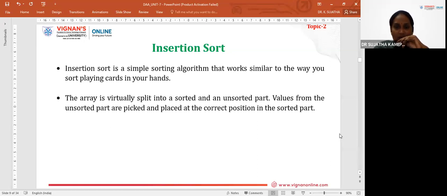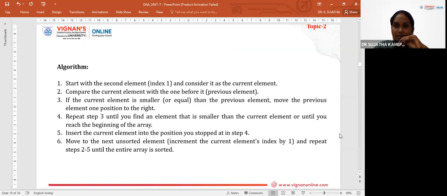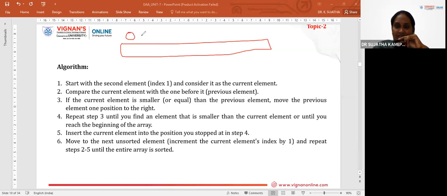So how can we write the algorithm? Here you can see the steps of the insertion sort algorithm. Start with the second element and consider it as the current element. Suppose this is my array. The first element is present at index 0, the second element at index 1, and so on.